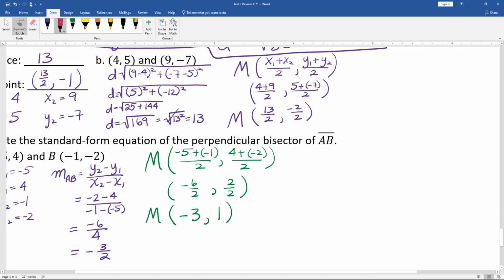All right, can anybody tell me my point slope formula? y minus y1 equals m, which is slope, times x minus x1. There is our point slope form. And remember, you're going to end up with the x and the y, not the x1 and y1.